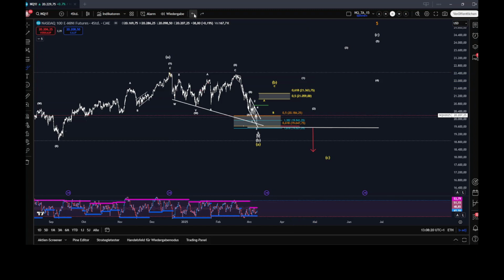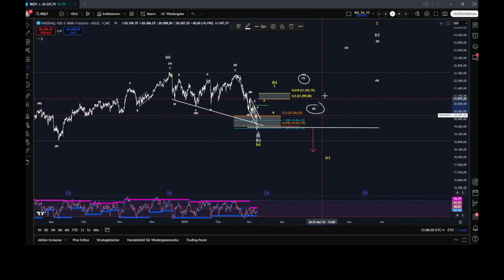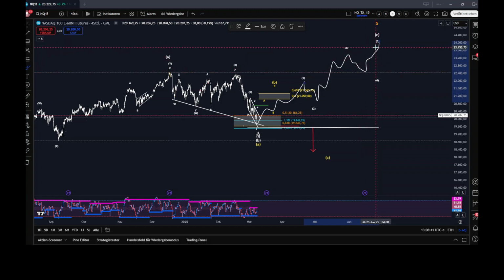Very, very strong. And also, please understand that I have put 5 waves in white here. Each of these subwaves in an impulse, the first wave needs to be 5 waves, then followed by a 3-wave correction, another impulse to the upside in 5 waves, another 3-wave pullback, and another 5 waves to the upside.